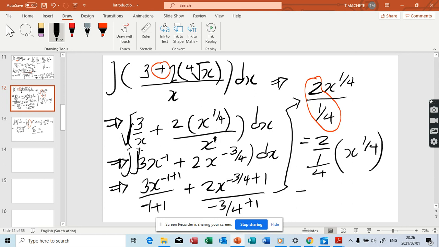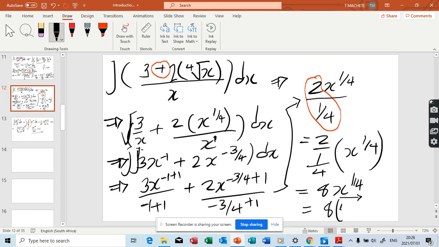When you solve this, you're going to get 8x to the power of 1 over 4. I told you guys that if you get this, you have to take it back. So you'll get 8 times the fourth root of x plus c. Do you guys understand it?